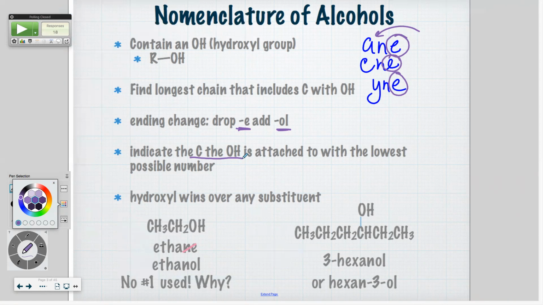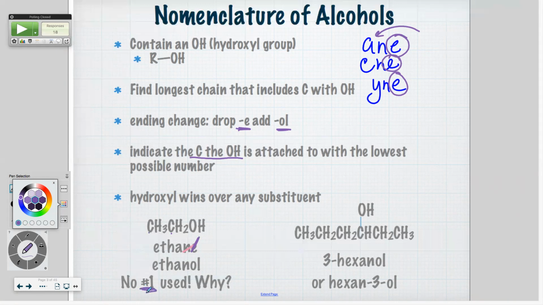So this compound, you have 2 carbons. So you drop the E and you add OL. Ethane would be it if it didn't have an alcohol on it, right? Now, why isn't a number 1 used? Why don't we say 1-ethanol?